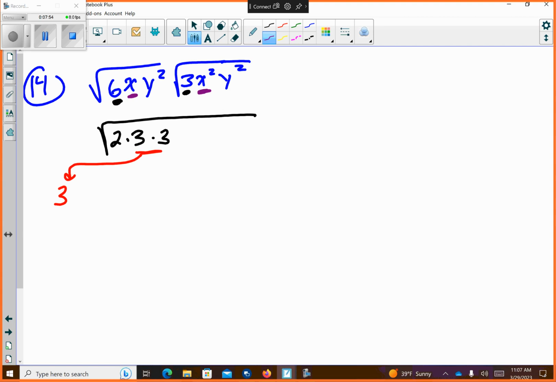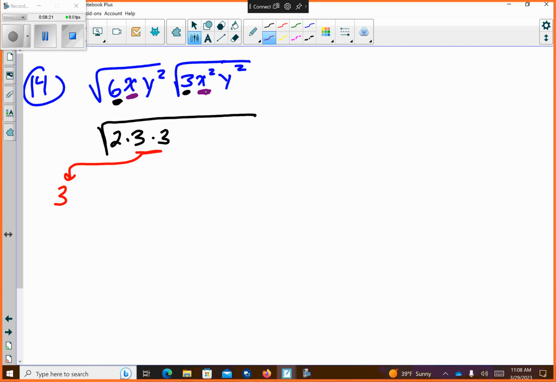Okay, all right, now I'm going to put my x's underneath. Now, my friends, should I combine the x's together or should I leave them as is for right now? Leave them as is. Why is that? Because they don't have the same exponent. Well, what's one of the exponents versus the other? On the x's only. One's a 2 and one's a 1.